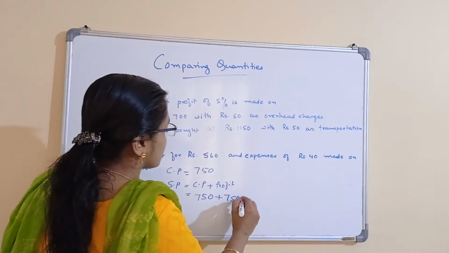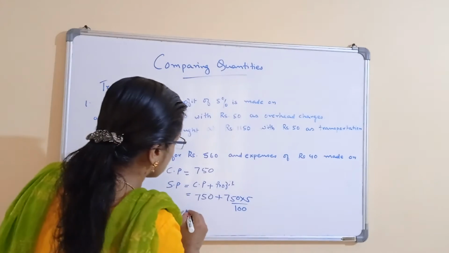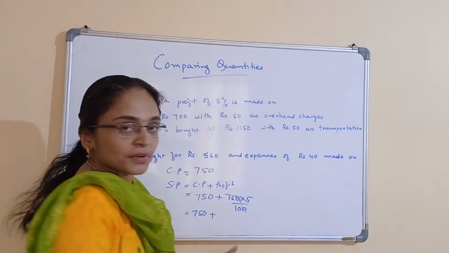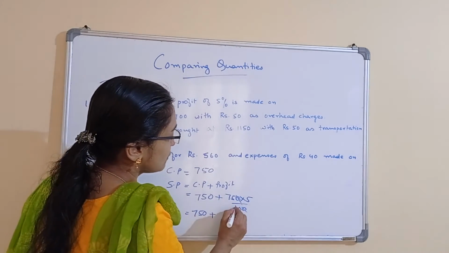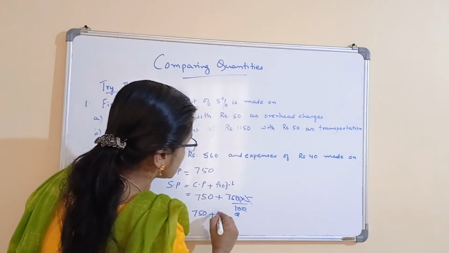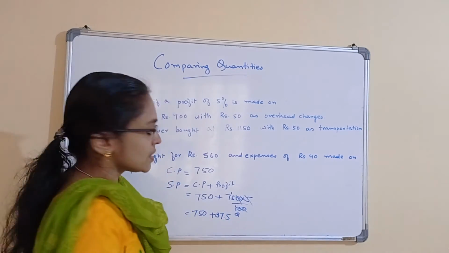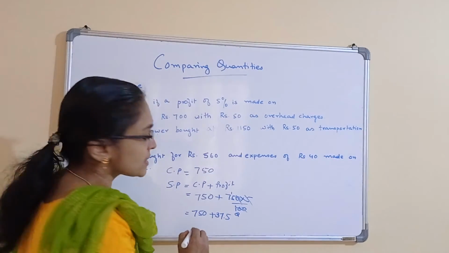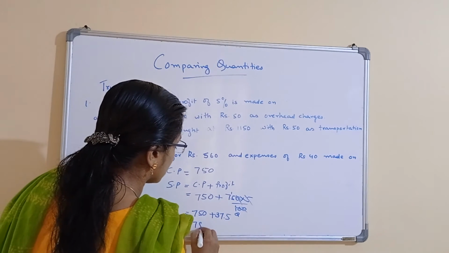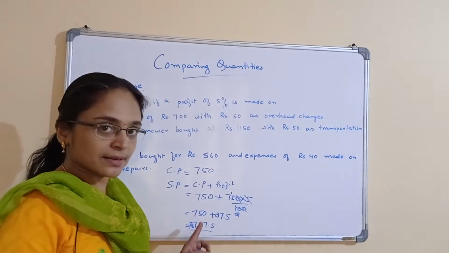We saw that in the previous example. So 750 into 5 by 100 is equal to 750 plus, 0 will get cancelled, and 5 will go in 10 two times, and 75 by 2 is 37.5. So selling price is equal to 750 plus 37.5, which is 787.5 rupees.